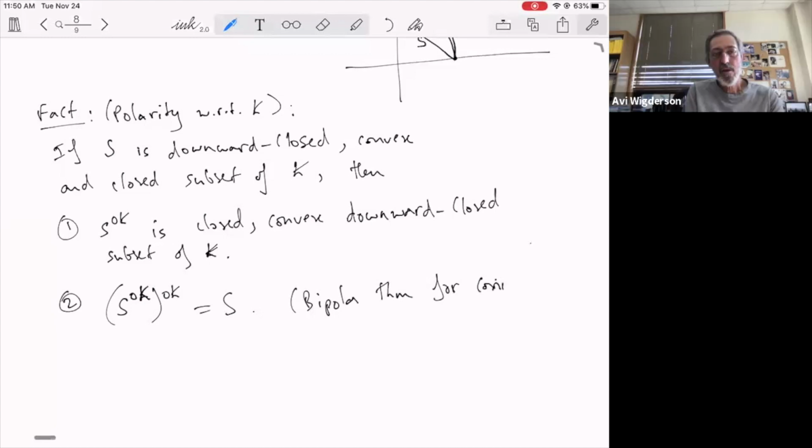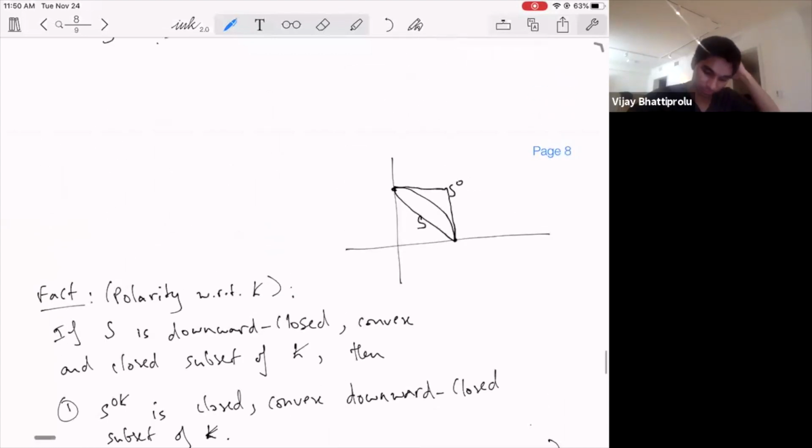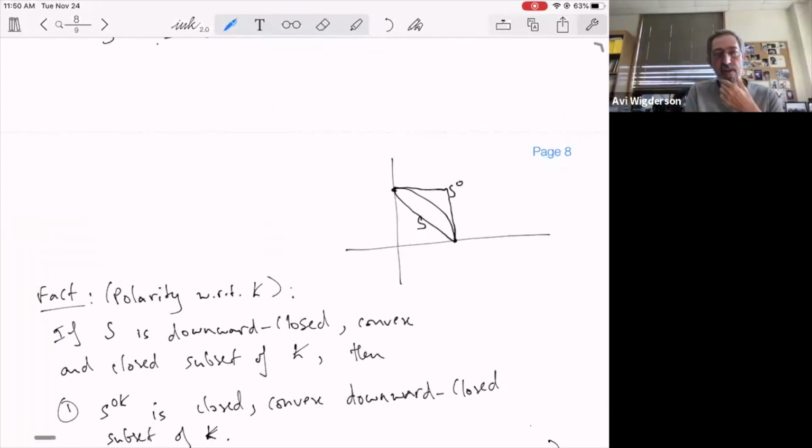So can we look at the two-dimensional picture there? The part of the disk returned to itself, that was no problem. But when it was just this lower triangle, which is part of the L1 ball, you took this special polar with respect to the first quadrant, and you got something bigger.